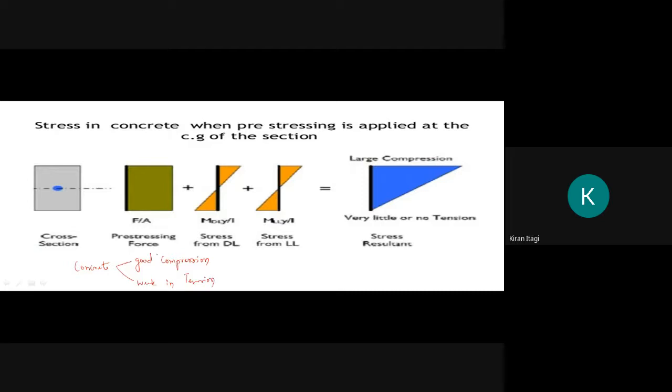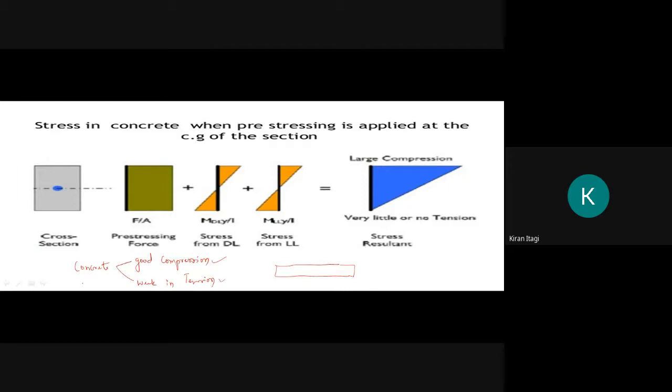Okay, this is my beam. I know that the concrete is good in compression, so I can apply as much compressive force as I want. But it is weak in tension, so the concrete cannot take tension.